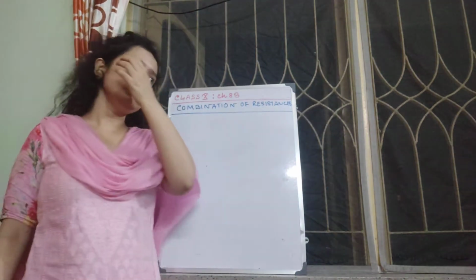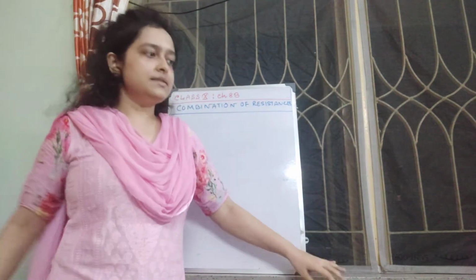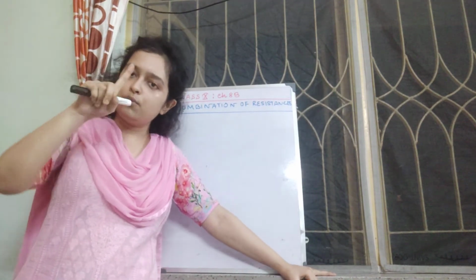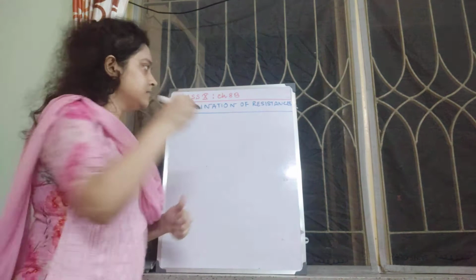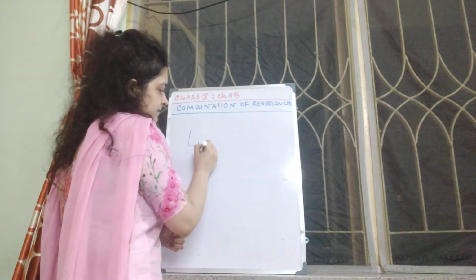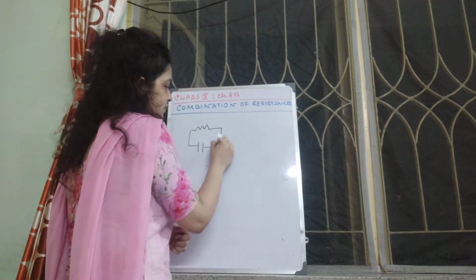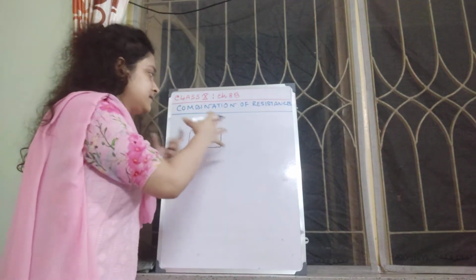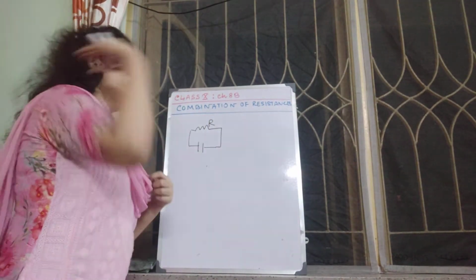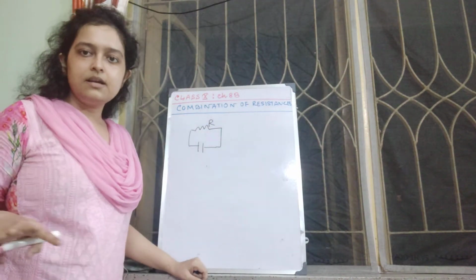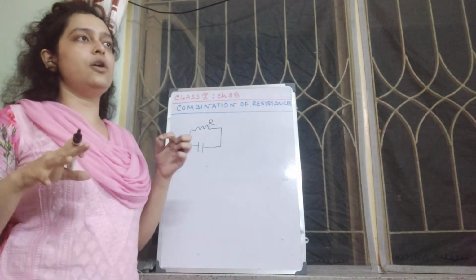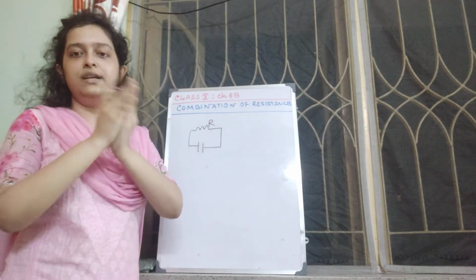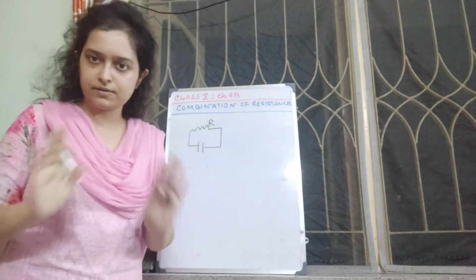Now, sometimes in the electrical circuit, we use more than one resistance. Say you have a cell and there is electrical resistance R, which we have just done in the previous video lessons, where we found the relations between EMF, terminal voltage, internal resistance, external resistance, all those things.